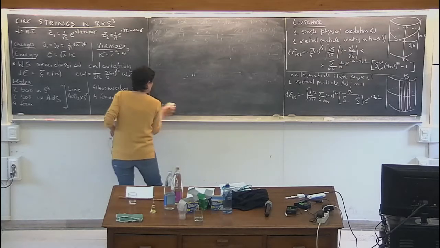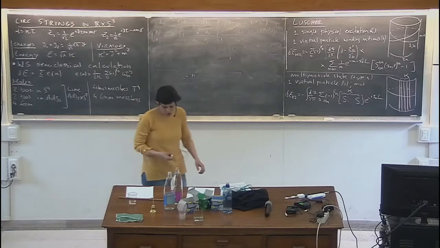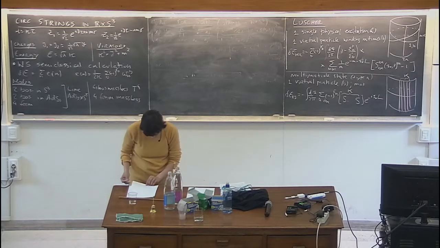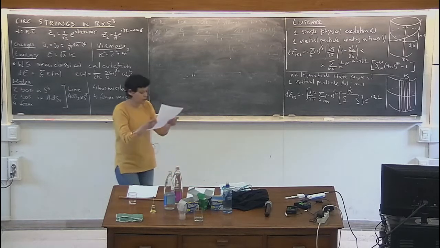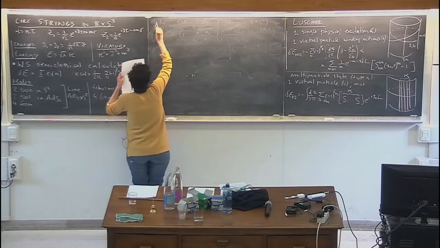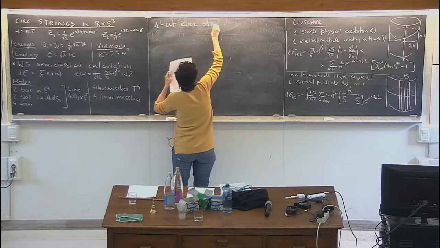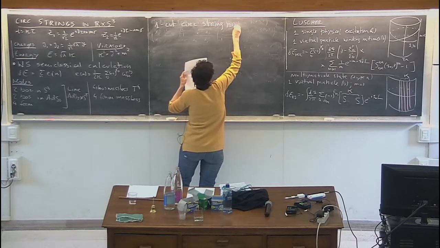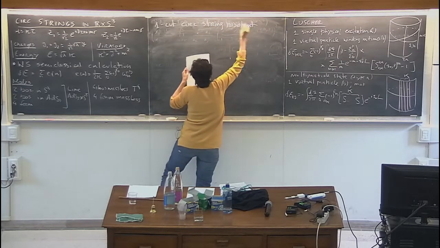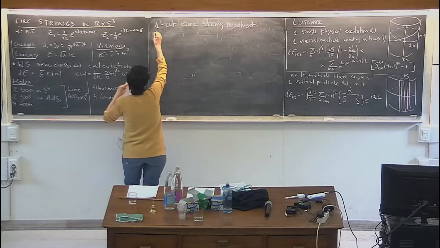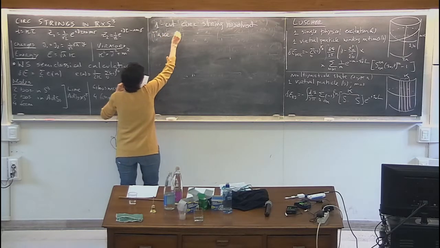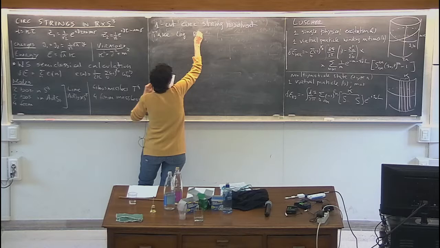what I mean by doing this procedure is, just so I have the one cut, again, I have the one cut circular string resolvent. I just take the logarithm of the Bethe ansatz equations.